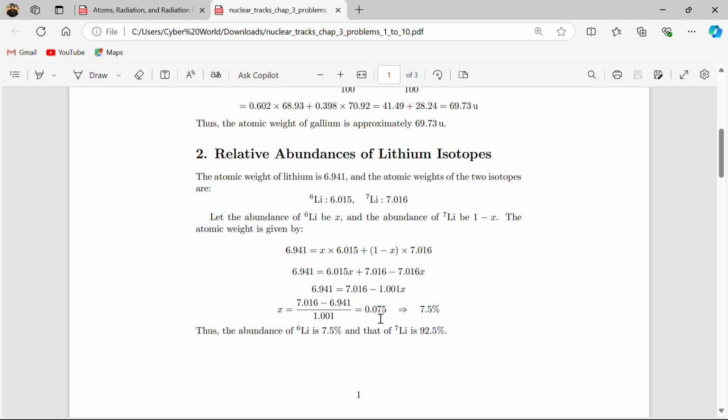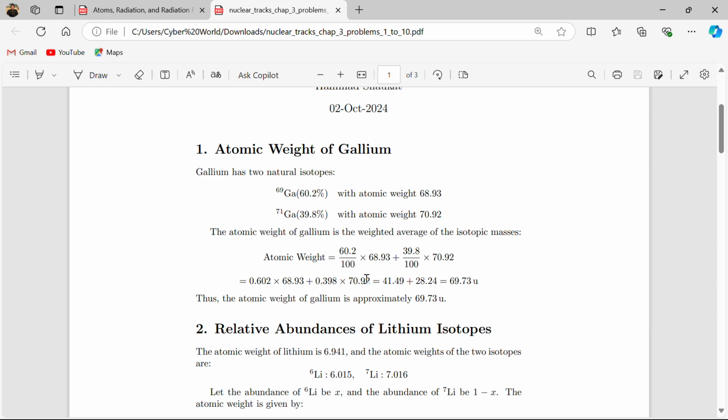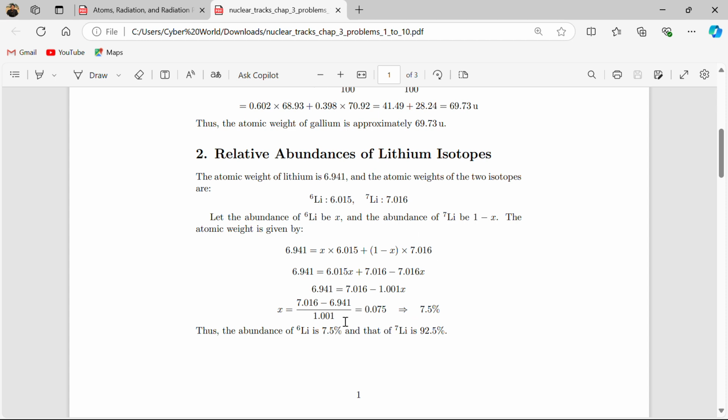After multiplying by 100, your final result for lithium 7 is 92.5%. So this is how you can find the abundance, or the total weight of some material, using atomic weights of isotopes. Now let's move towards our third problem.